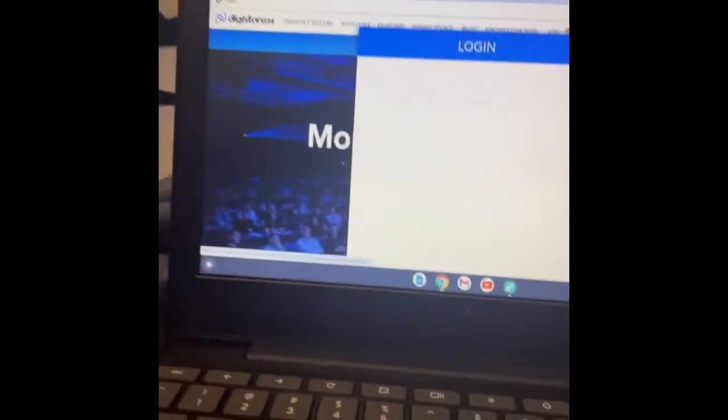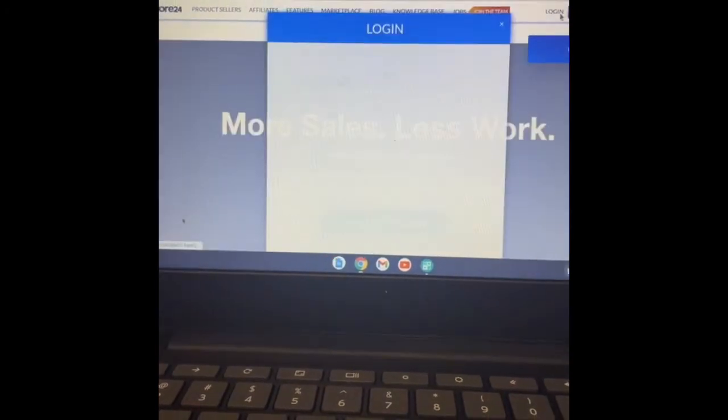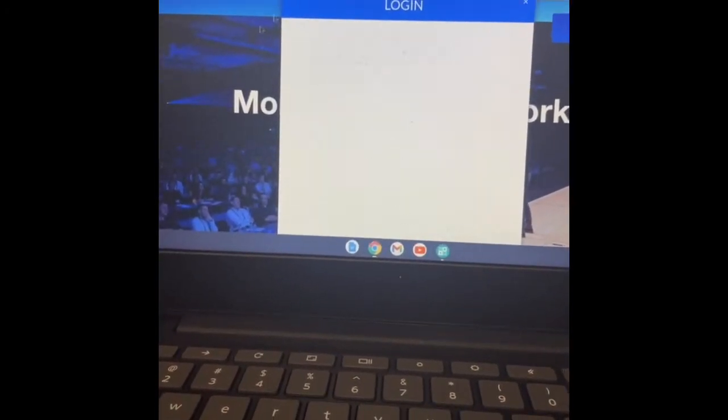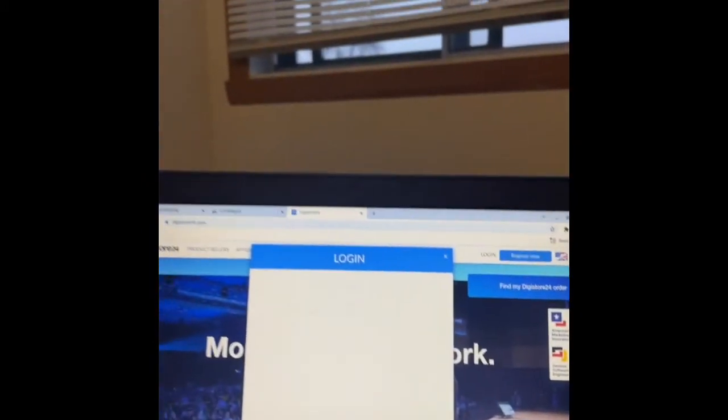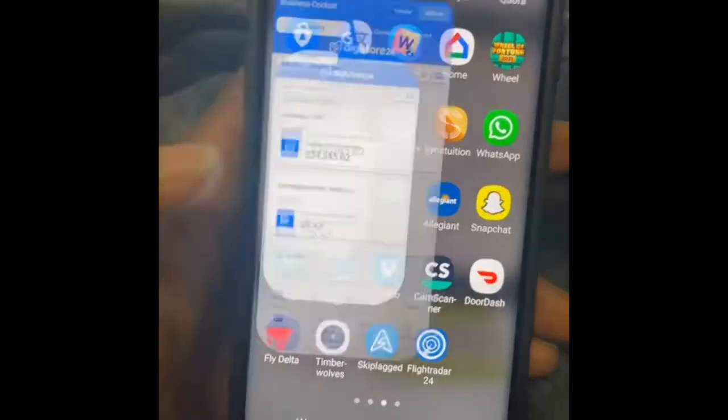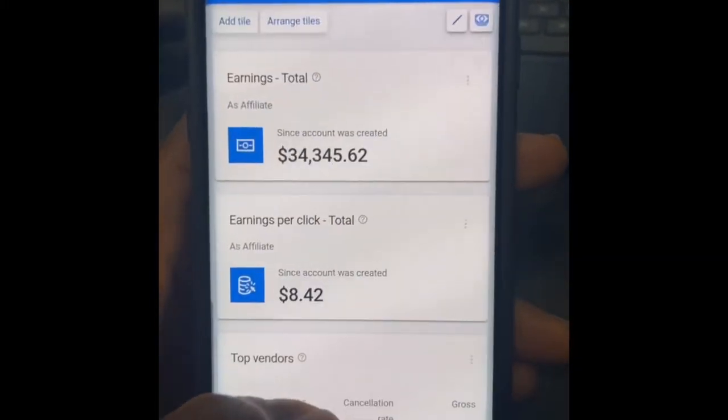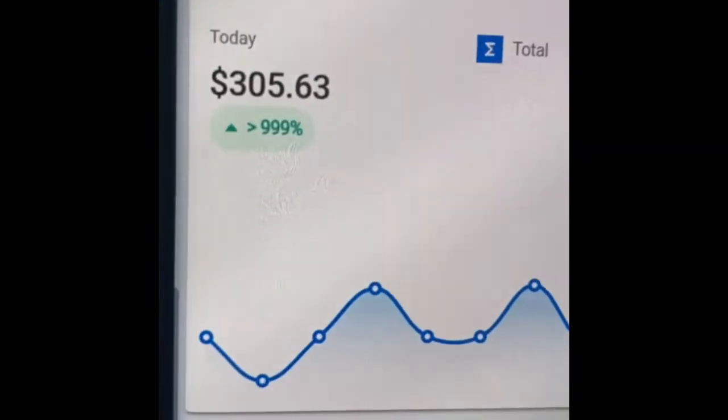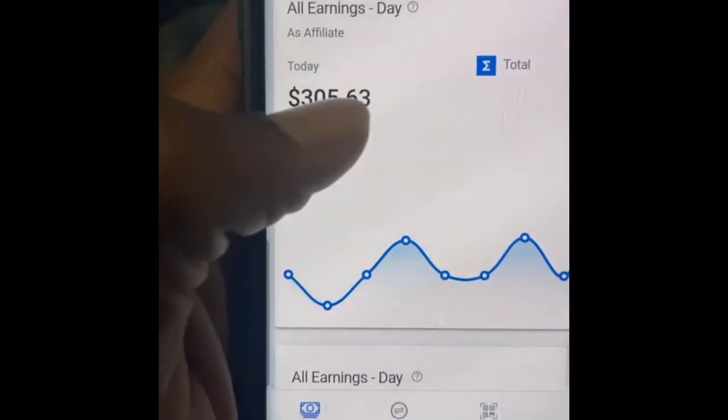Come on, Digistore. Okay, Digistore would not let me log in for some reason right now, so we're gonna swing over into the Digistore app on my phone. Here we go. Let's refresh it. Okay. Today we earned $305.63 all day, as you can see.